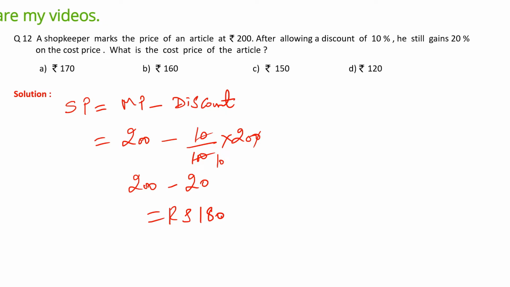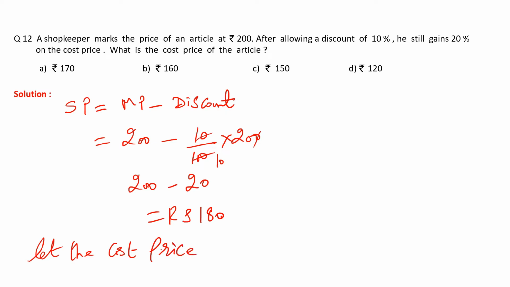Now selling price is rupees 180, and we know that profit is always calculated on cost price. So let us assume the cost price of the article to be rupees X.